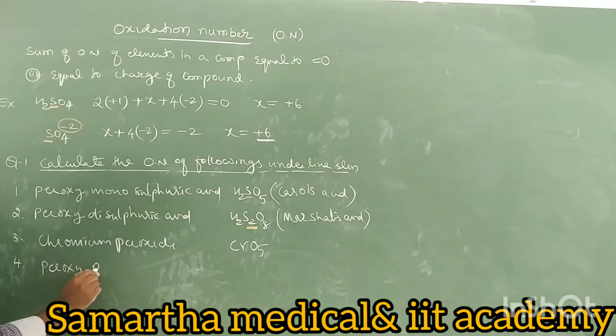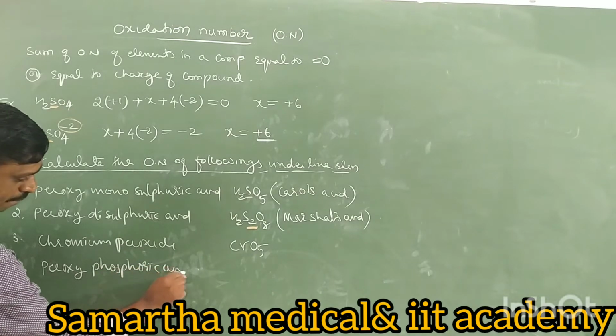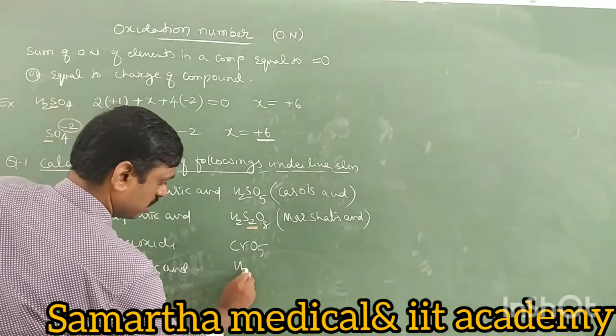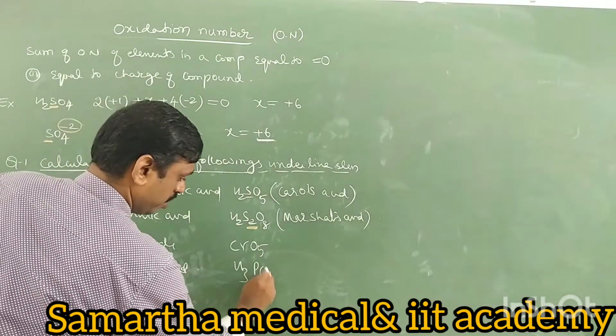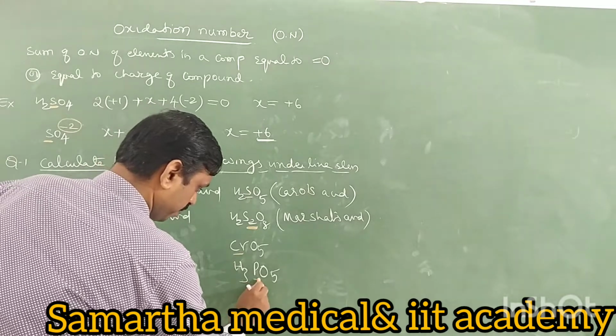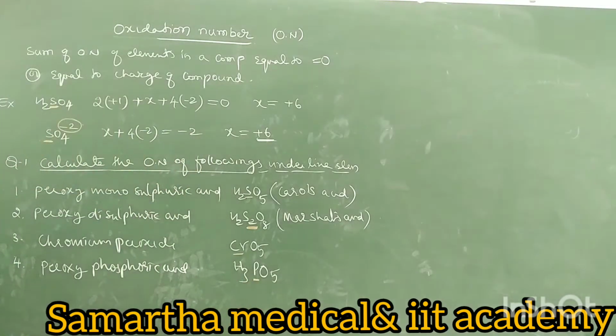Peroxy phosphoric acid, H3PO5. So here the underlined atom is chromium, here it is P. Okay, so calculate the oxidation number of these underlined atoms.